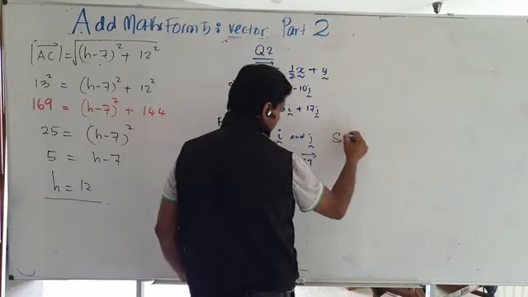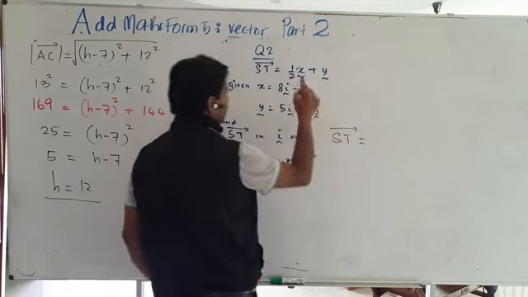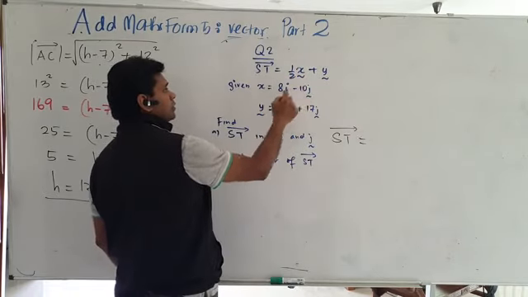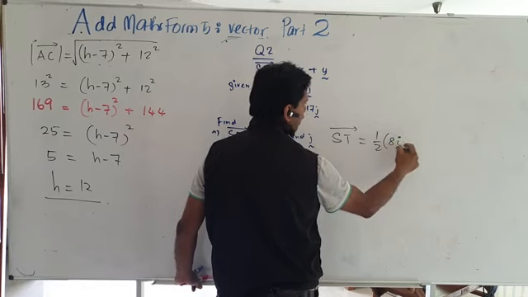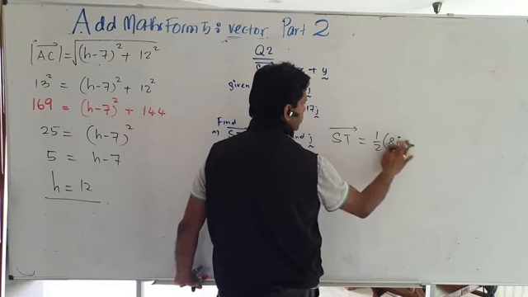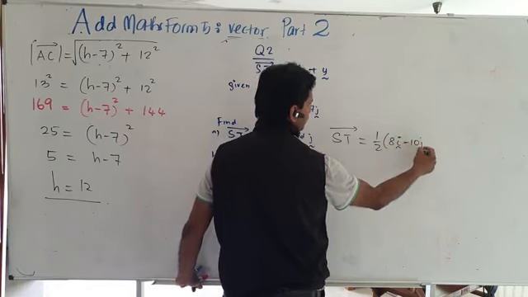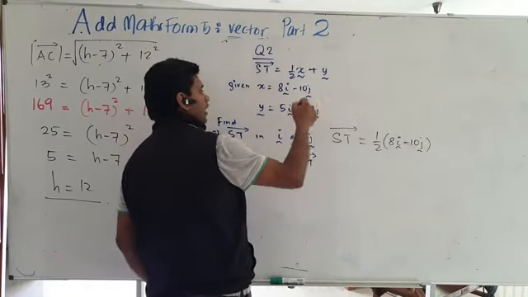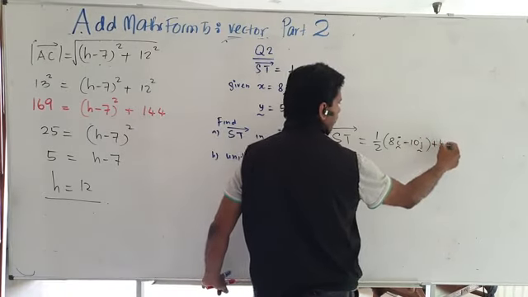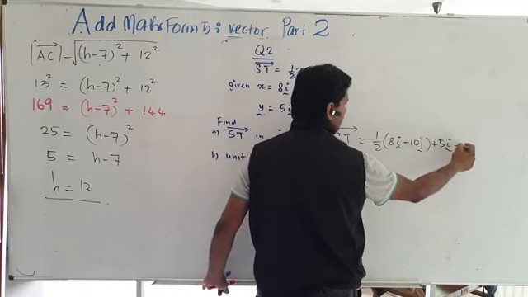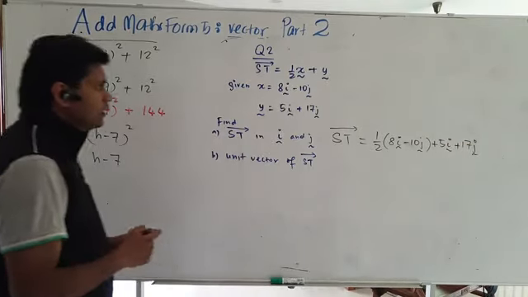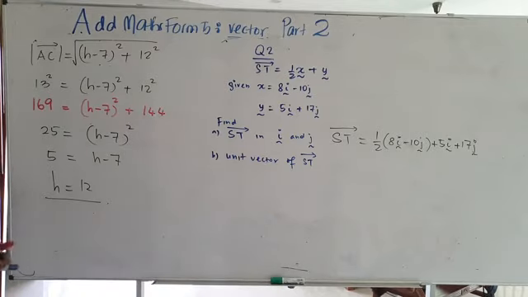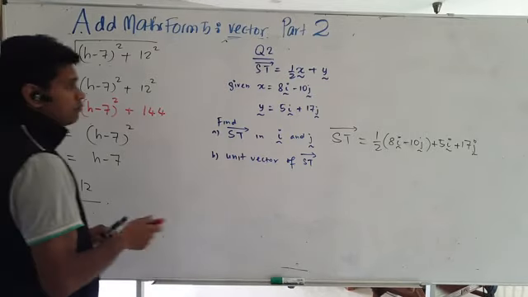Let's try that. So ST, let's substitute. What is x? These two things enter here. So half of 8i minus 10j plus y, plus 5i plus 17j. So that's what you get. That's called ST. Simplify it. What are you going to get if you simplify?